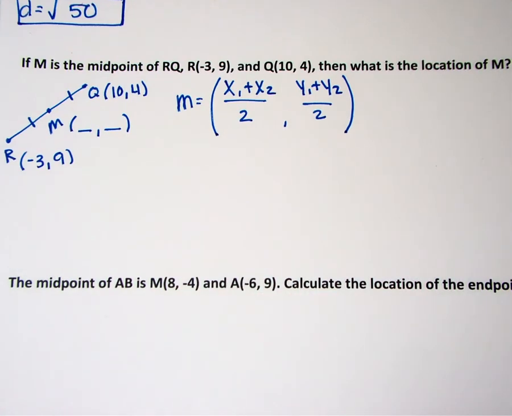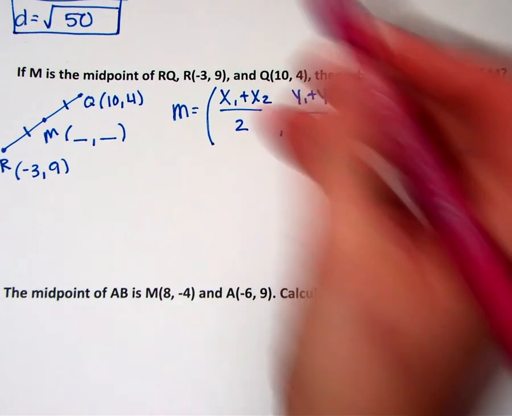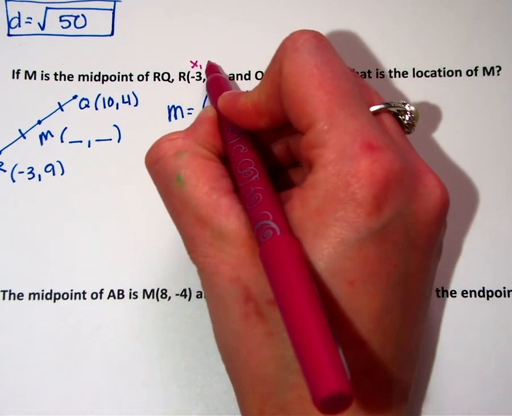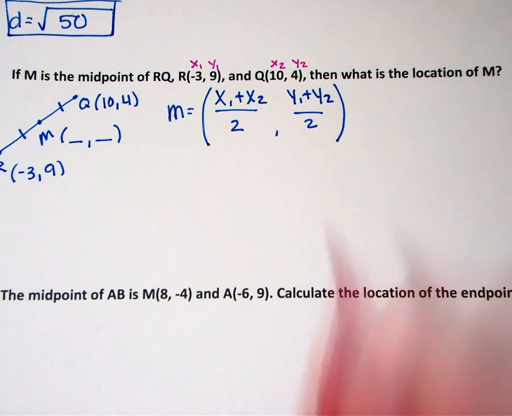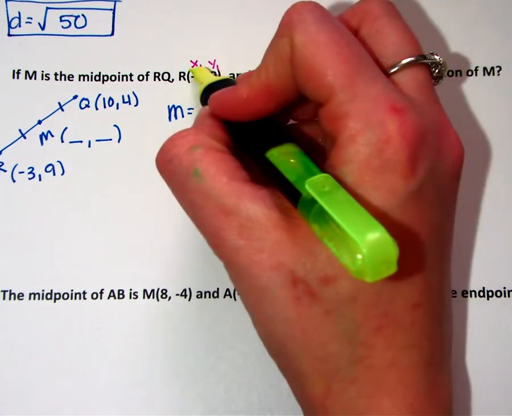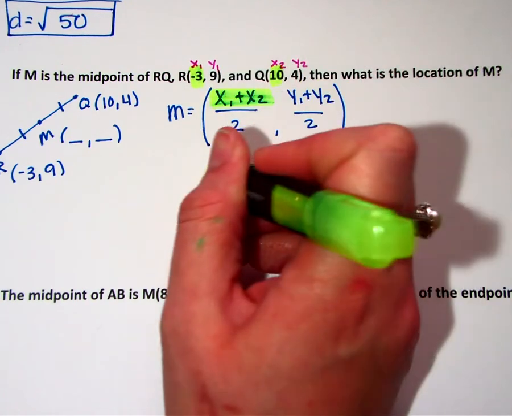We're going to do the same thing that we did with distance. This is x sub 1, y sub 1, x sub 2, y sub 2. And midpoint is actually a little bit easier because you basically just find your x's and add them together.